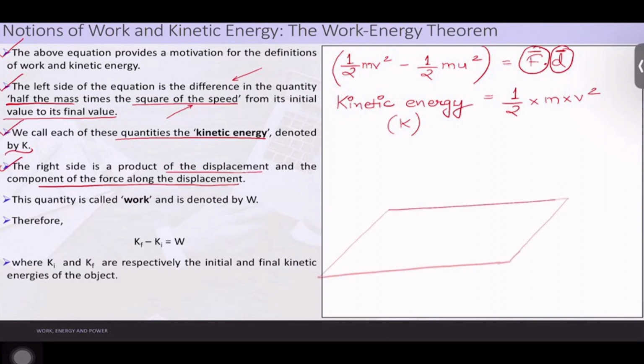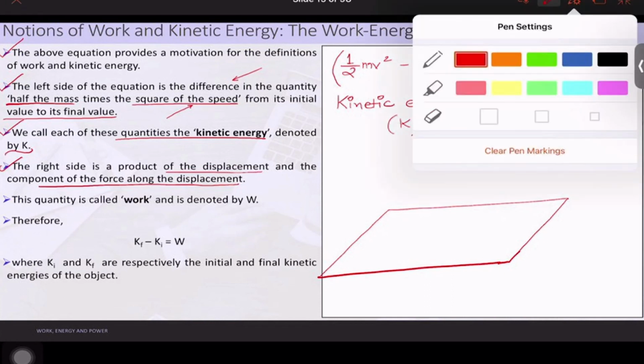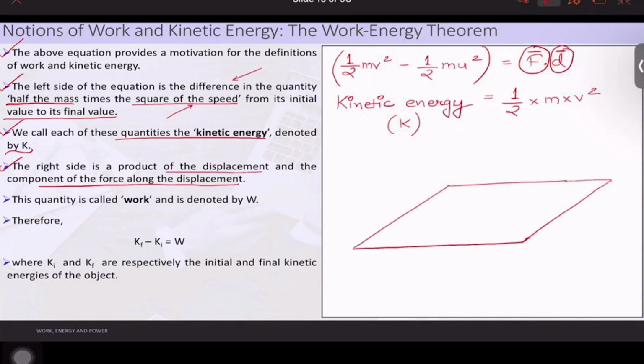Let us suppose this is one of the planes. Let me make it much more straighter. Let us say this is one of the planes, okay, on which an object is being kept. It has some mass. Let's denote that mass by m. Okay, and now this was the original position, correct?